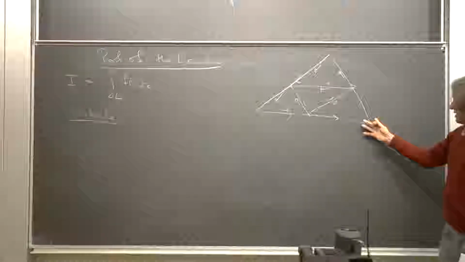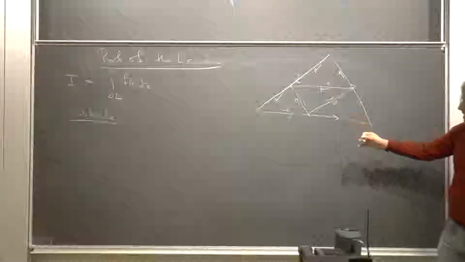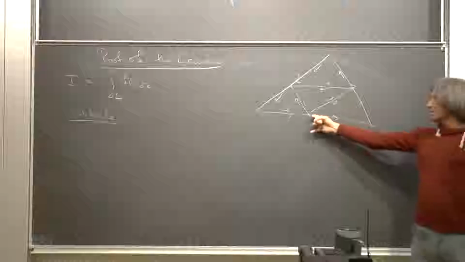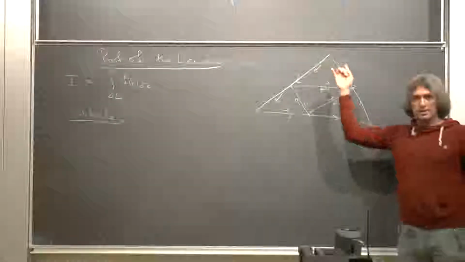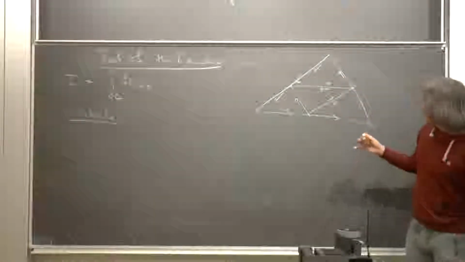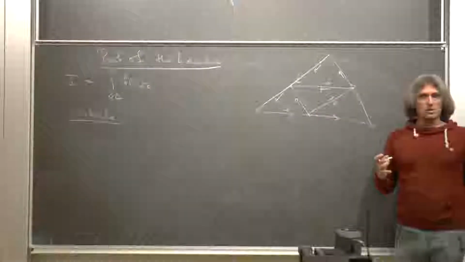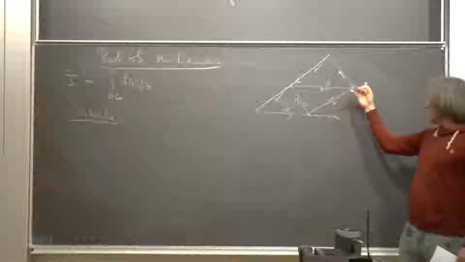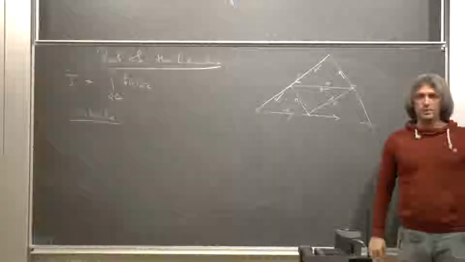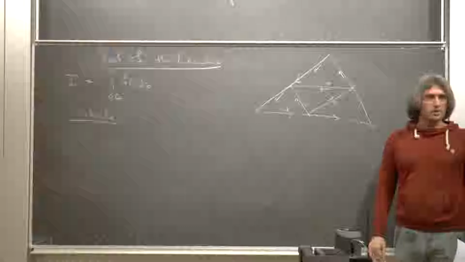So notice that if we take these 4 integrals around these 4 closed paths, then these sides will cancel out, because once we go with one orientation and second time we go with the second orientation. Okay?